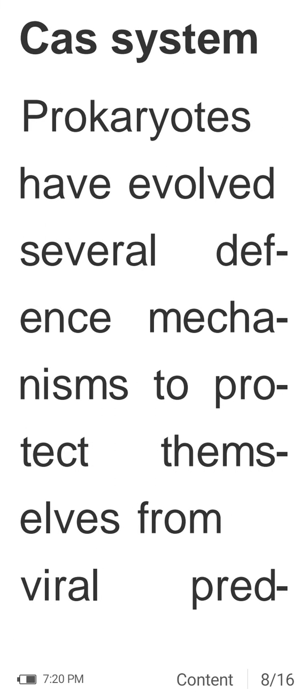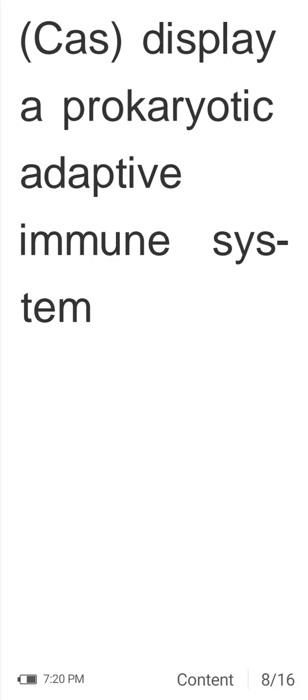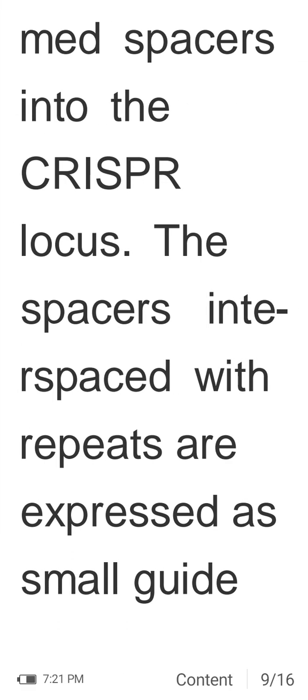Next, the CRISPR-Cas system. Prokaryotes evolved several defense mechanisms to protect themselves from viral predators. Clustered regularly interspaced short palindromic repeats and their associated proteins display a prokaryotic adaptive immune system that memorizes previous infections by integrating short sequences of invading genomes, termed spacers, into the CRISPR locus.